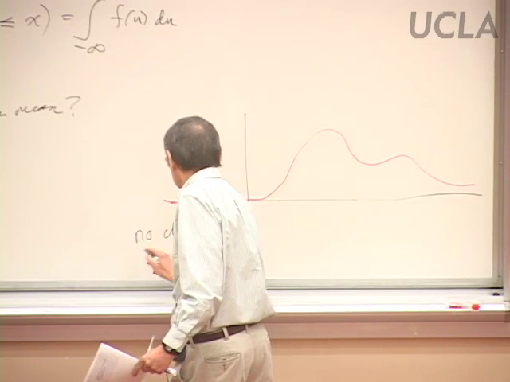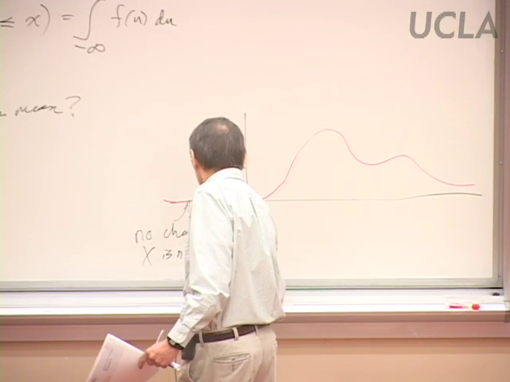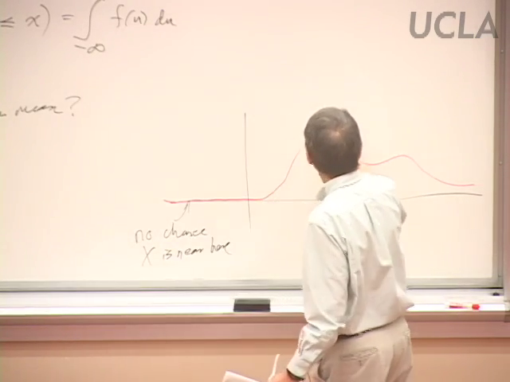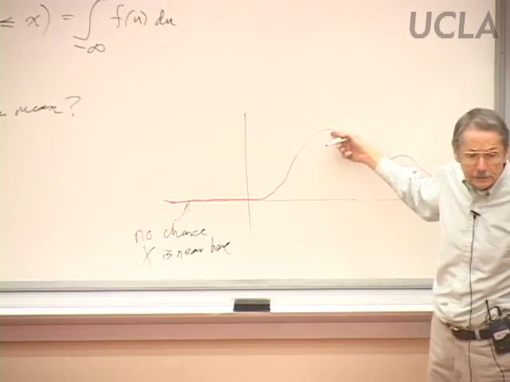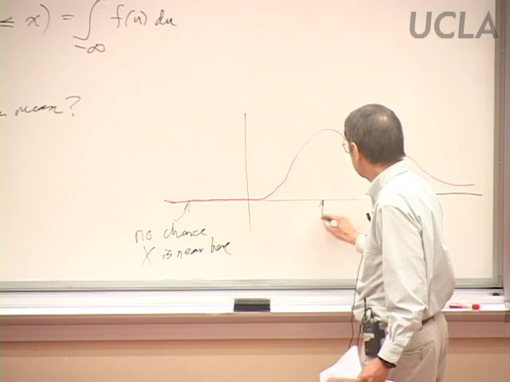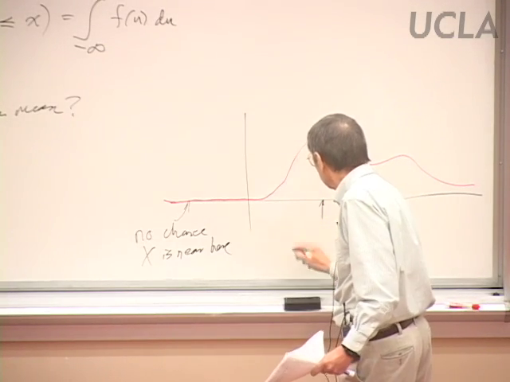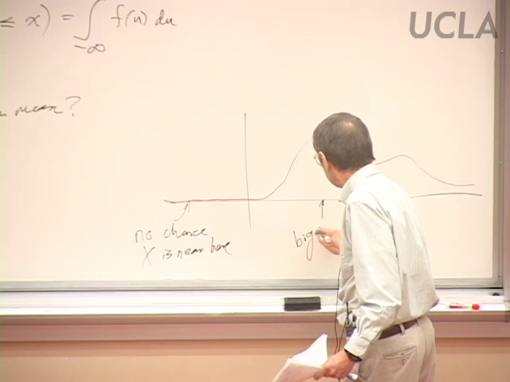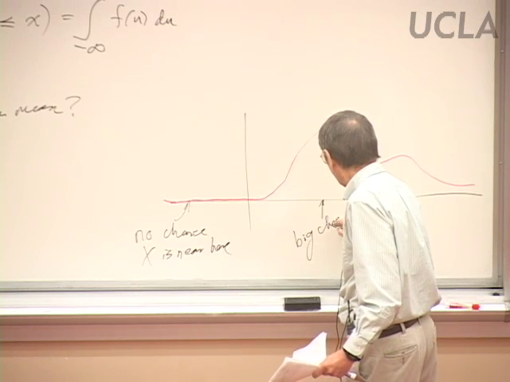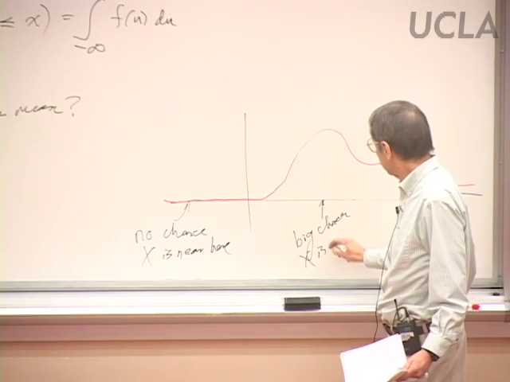So there's no chance x is near here. The density is large here. That's telling us that there's a large chance that we get a measurement x near here.